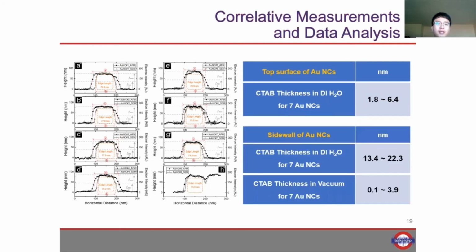CTAB thickness variation at the sidewall, as explained in the previous slide, in the hydrated status was measured in the range from 13.4 nanometer to 22.3 nanometer for a total of 7 nanocubes. And in the case of dehydrated conditions, CTAB thickness was in the range from 0.1 nanometer to 3.9 nanometer.